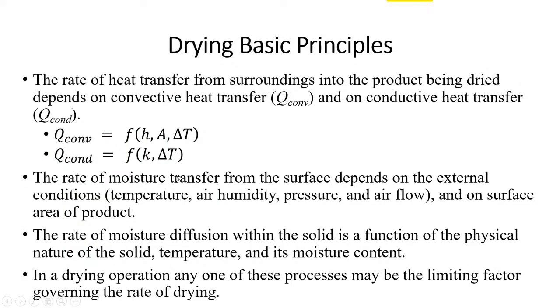So these three things need to be optimized in order to get an efficient process. From the two transfers, the first one is heat transfer from the outside into the product. From the engineering perspective, we have two mechanisms. The first one is convective heat transfer from the air surrounding the product to the surface of the product.